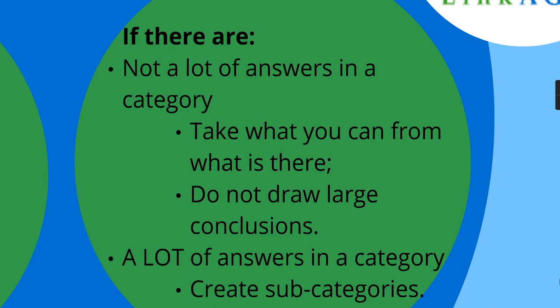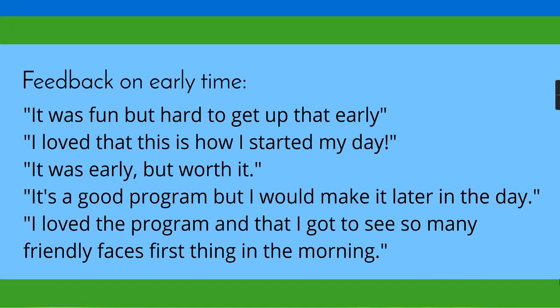If there are a lot of answers in one category, there are two options. One, if the category is specific, facilitators can draw a conclusion based on these answers. Two, facilitators can break this category up into subcategories and then draw conclusions. For example, in video 2, we used the category early time as an example. Either good or bad answers regarding the early time of the program could be used.